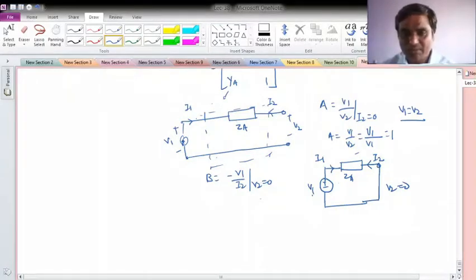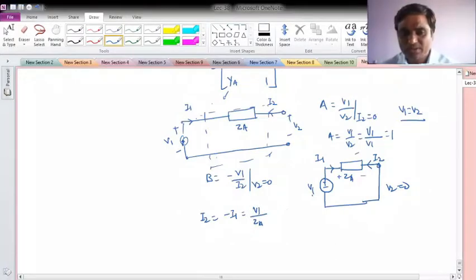So let me calculate what is I2. I2 will be equal to minus I1, and what will be I1? I am applying the voltage source, so it will be the drop across ZA divided by ZA, which is simply V1 by ZA.